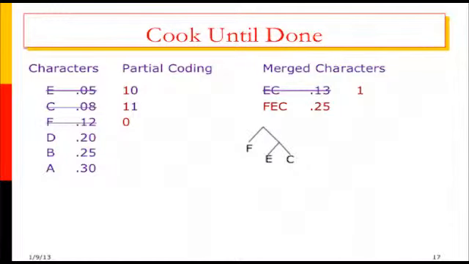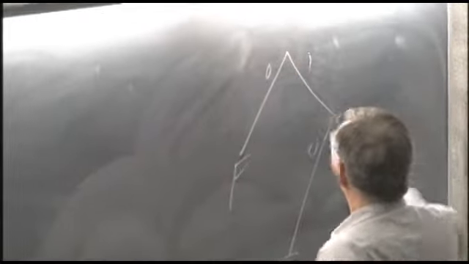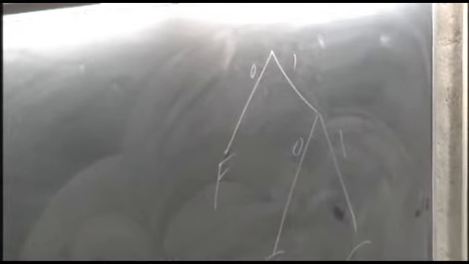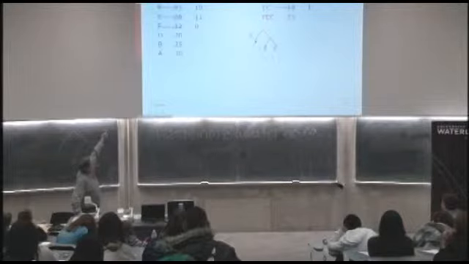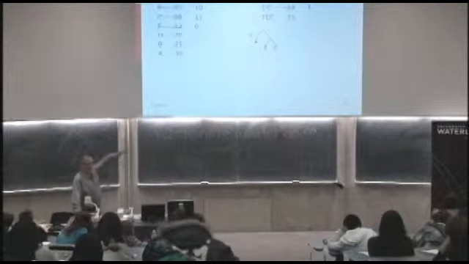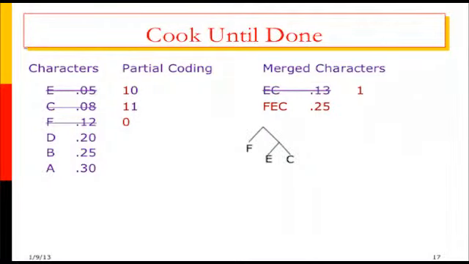And the idea will be that we'll have F, E, or C. The first few bits to represent either of them will be the same. But then after that part that is in common, to represent an F, you just put a 0. To represent an E or a C, you put respectively a 1 going to the right and a 0 to go to the left for an E, or a 1, 1 for a C.